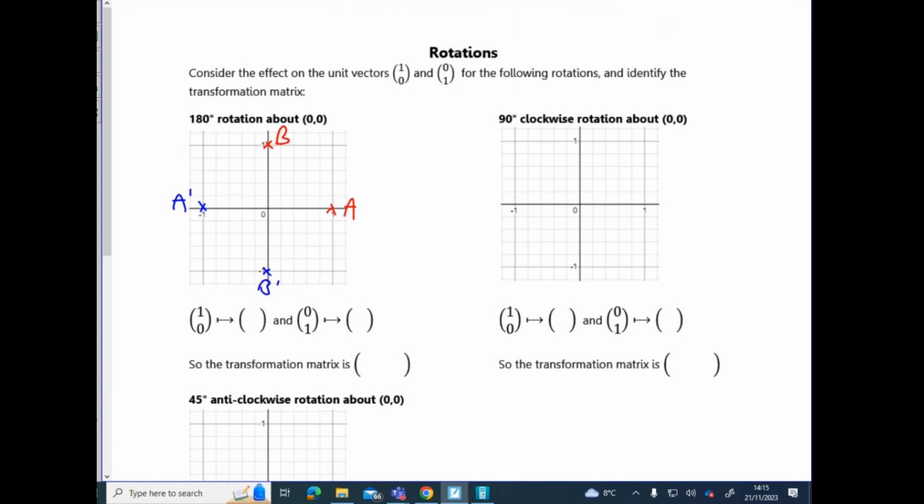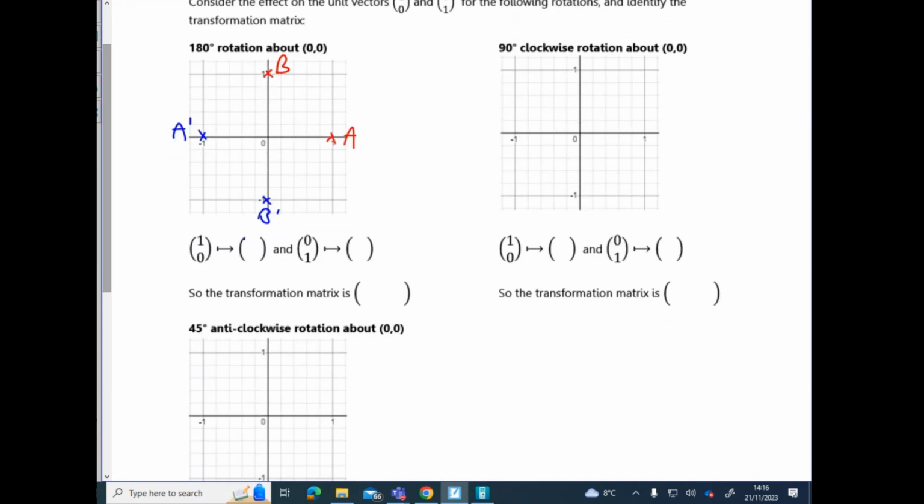Now notice these coordinates of A dash and B dash, the image of A and image of B, are in the same positions as a reflection in the line y equals minus x. But it's not the same transformation. It's really important that you label these up clearly, otherwise it's easy to get mixed up between the transformations. So 1, 0 goes to minus 1, 0 in this case.